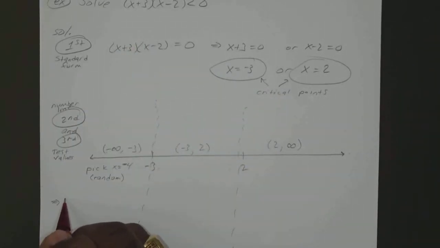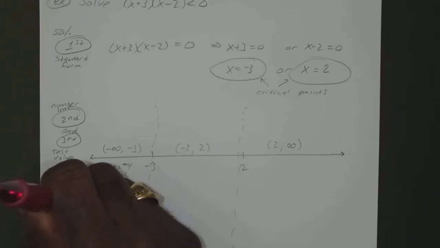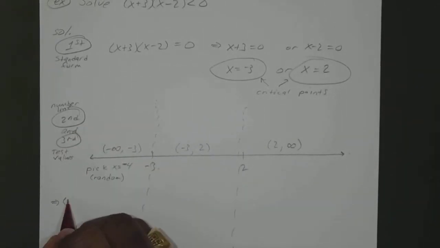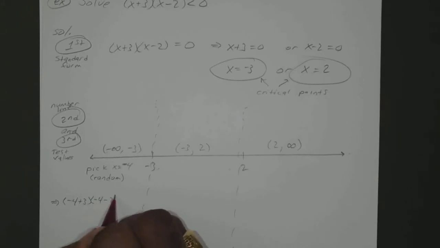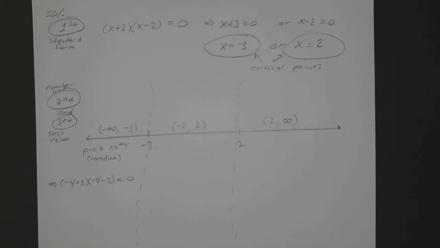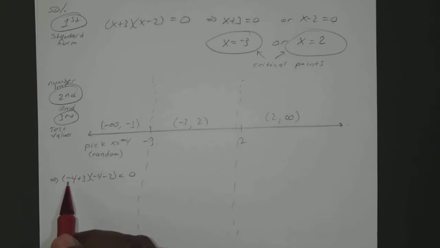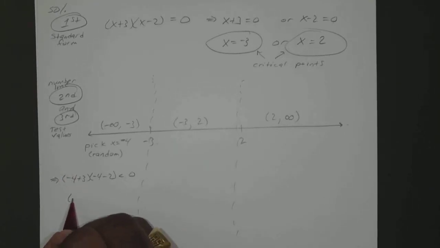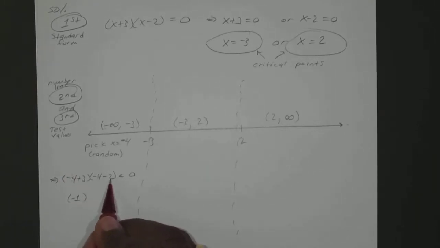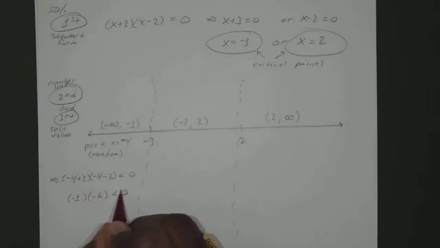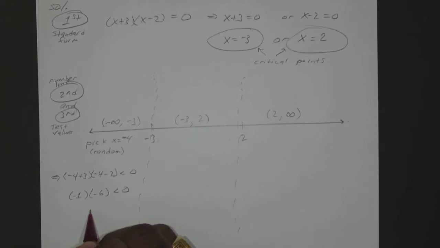So that means -4 plus 3, -4 minus 2 is less than 0. Okay, so -4 plus 3 is -1. -4 minus 2 is -6. Is less than 0. So you get 6 is less than 0, which is false.